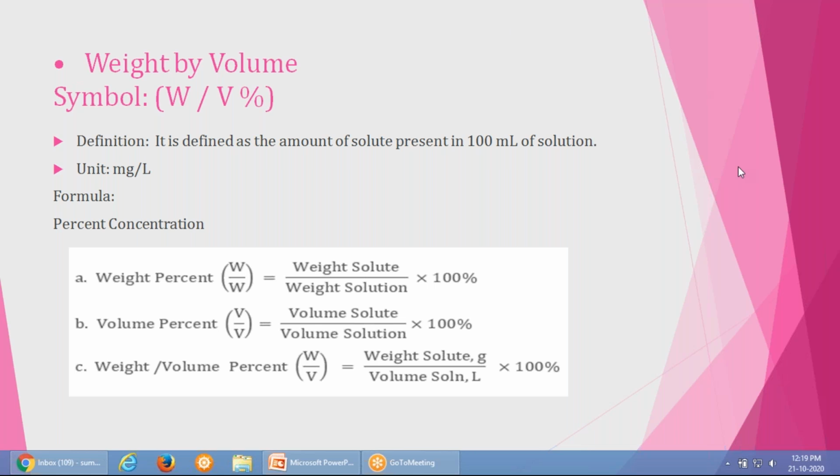So next is weight by volume. Weight by volume is defined as the amount of solute present in 100 ml of solution. It has a unit, mg per liter. How many milligrams of solute are present in 100 ml of solution. So this is also multiplied by 100. The formula is weight of solute divided by volume of solution into 100.